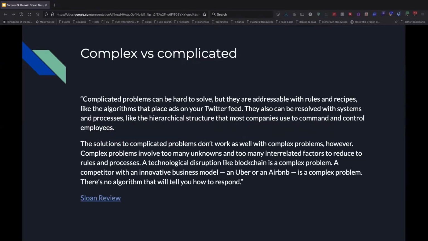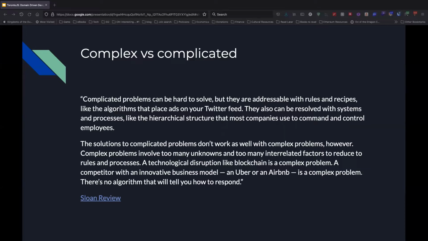To continue on, the difference between complex and complicated is partly linguistic, but some people try to make a differentiation, especially in engineering, like mechanical or other hardware-oriented physical engineering. They have a sense of complicated versus complex.